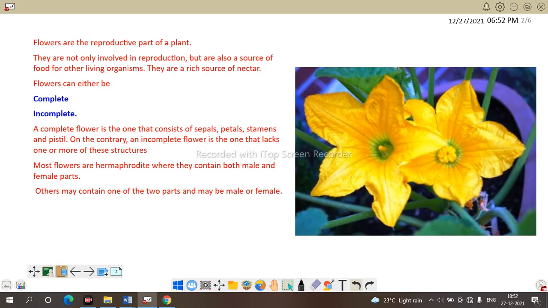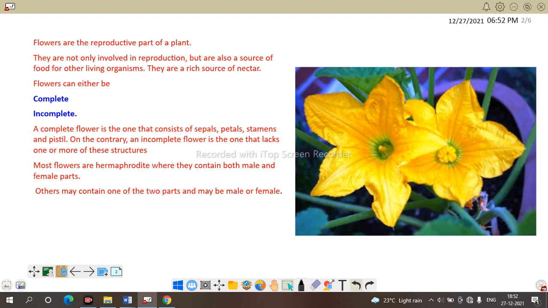So flowers are the reproductive part of a plant. They are not only involved in reproduction but also a source of food for living organisms. They are a rich source of nectar, and a flower can be complete or incomplete. A complete flower is one that consists of sepal, petal, stamen and pistil.